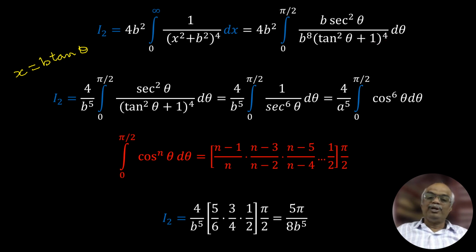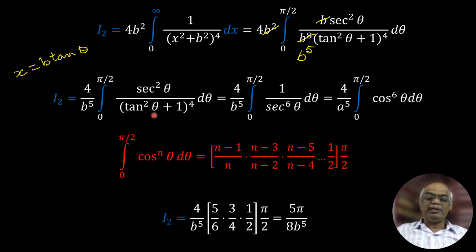So now you can cancel some of the terms: this p and p squared, p power 3, will get cancelled with this p power 8, which will become p power 5. So you bring this p power 5 outside the integral, this will become 4 divided by p power 5, then integral 0 to pi by 2, then this secant squared theta (tan squared theta plus 1) whole power 4.